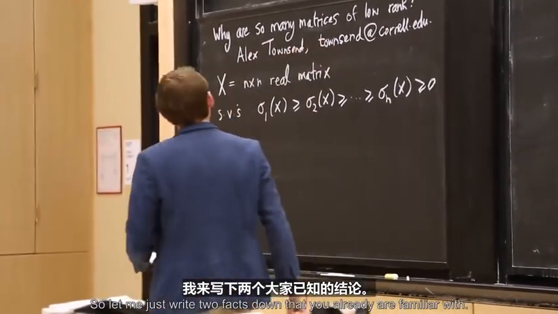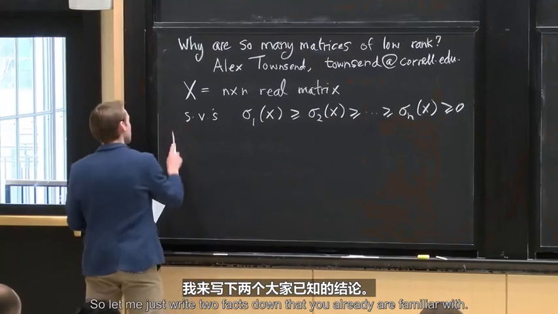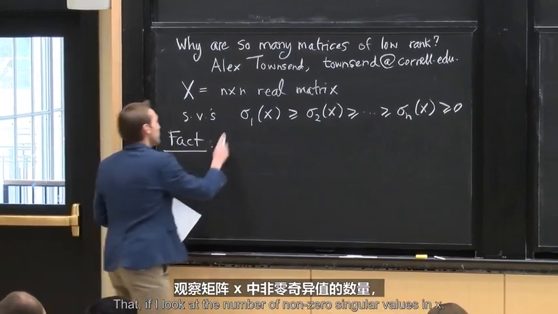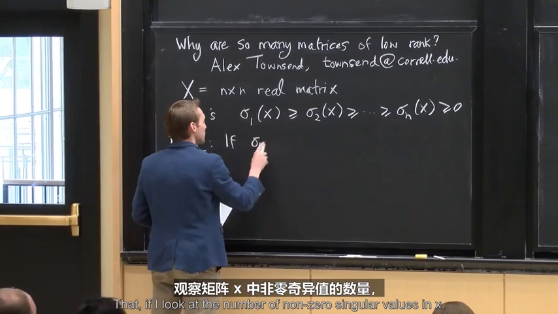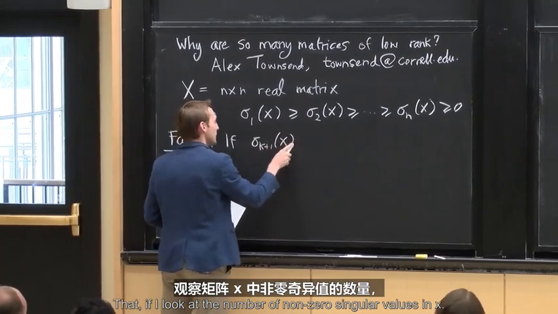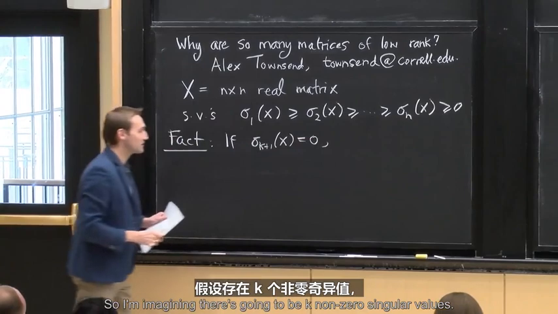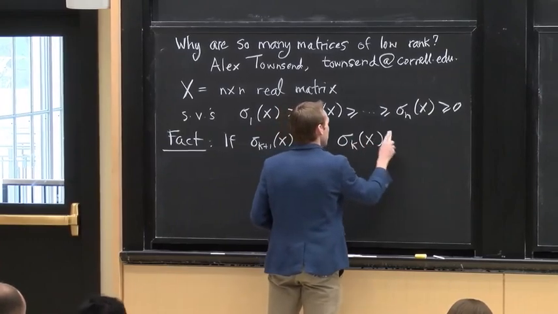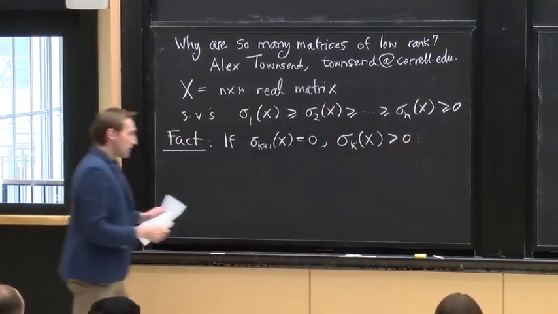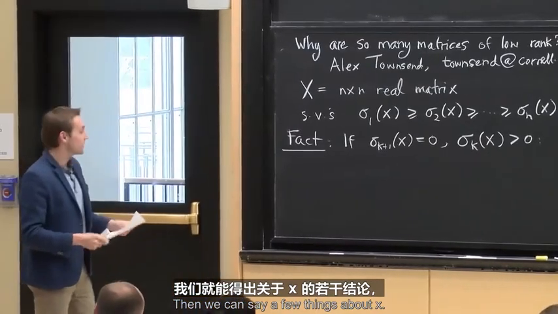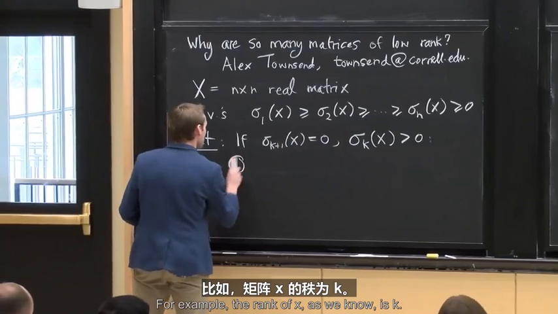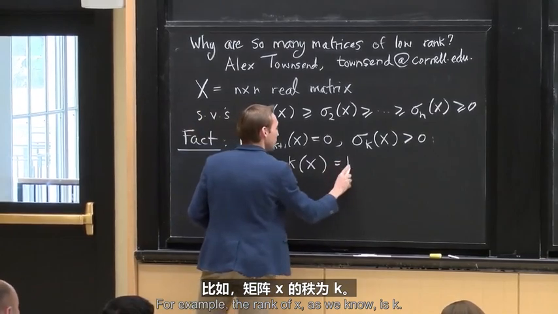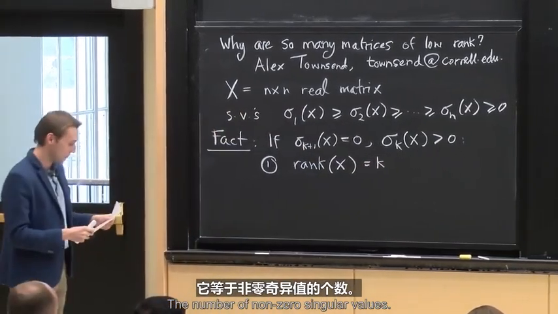So let me just write two facts down that you already are familiar with. If I look at the number of non-zero singular values in X, so I'm imagining there are going to be k non-zero singular values, then we can say a few things about X. For example, the rank of X, as we know, is k, the number of non-zero singular values.